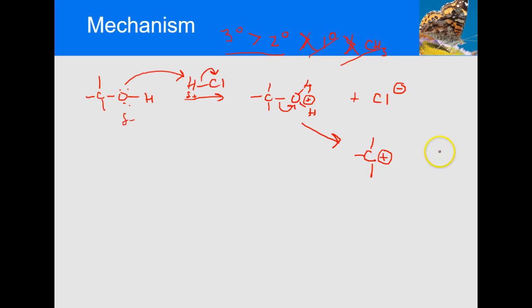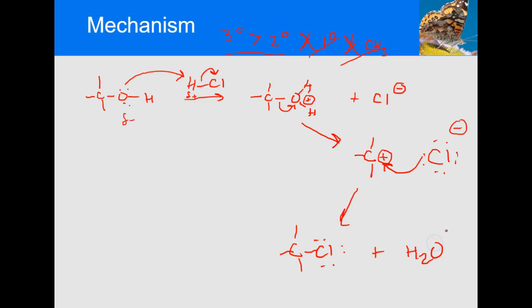Once you form the carbocation, your Cl minus now sees that plus charge and bonds its electrons, and you form your final alkyl halide plus H2O. So that's the general mechanism. Let's go over it again. The oxygen protonates to make a water molecule, which eventually leaves to give you a carbocation.